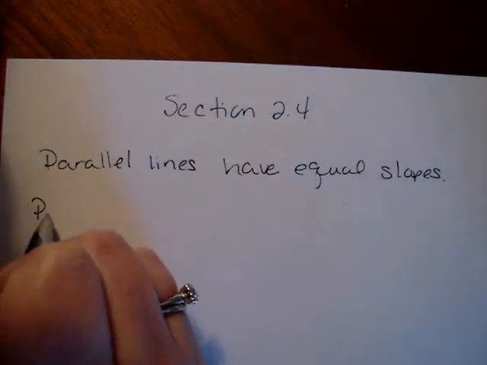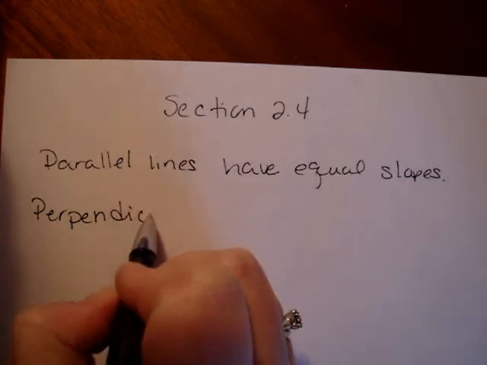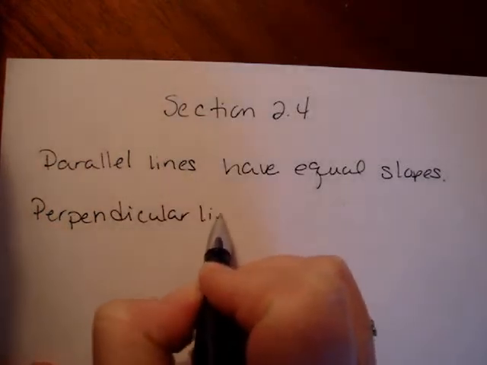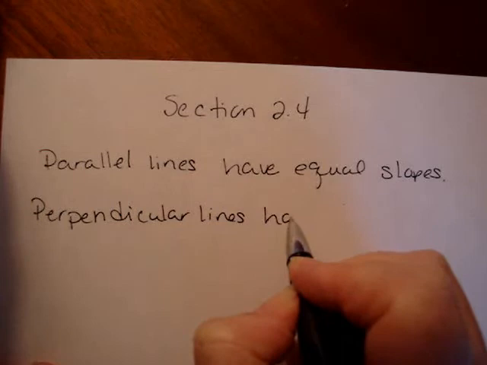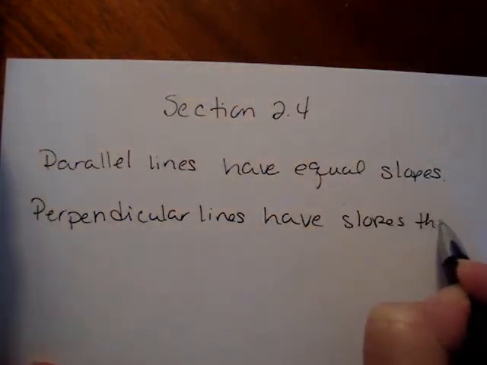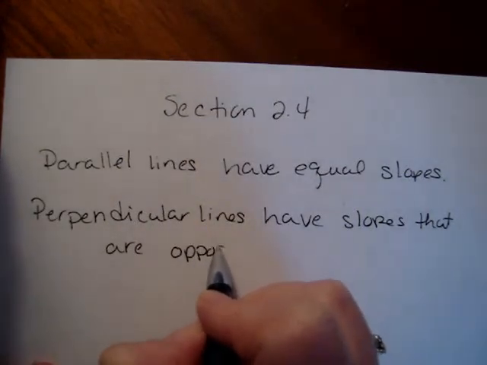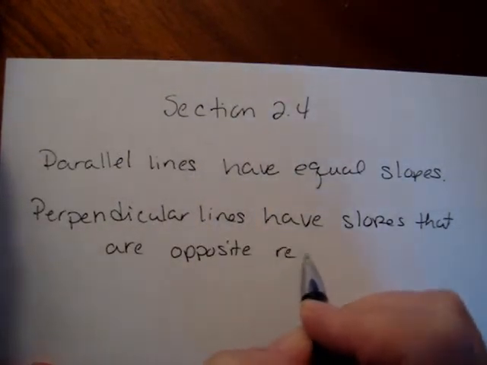Now perpendicular lines have slopes that are opposite reciprocals.